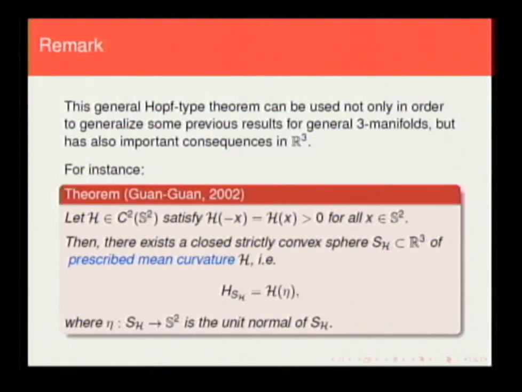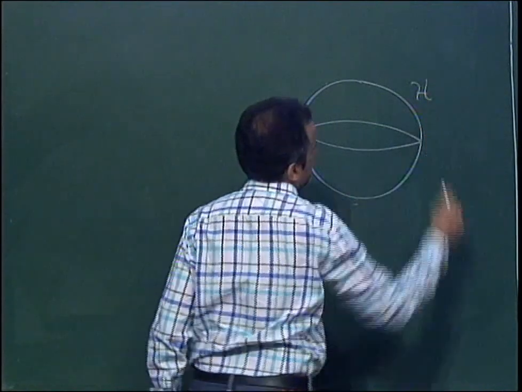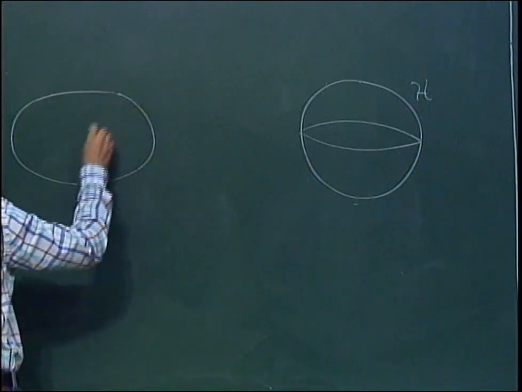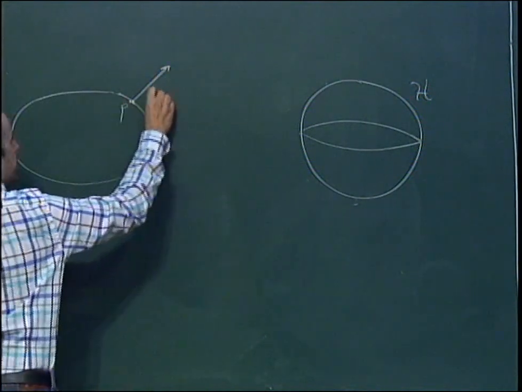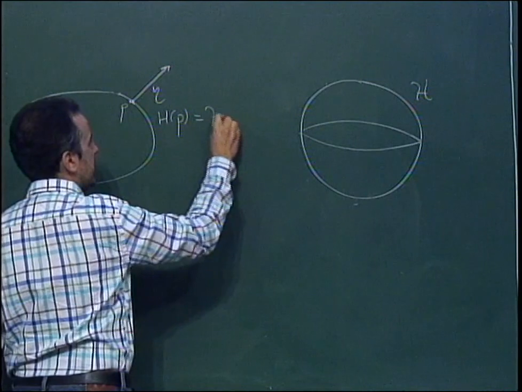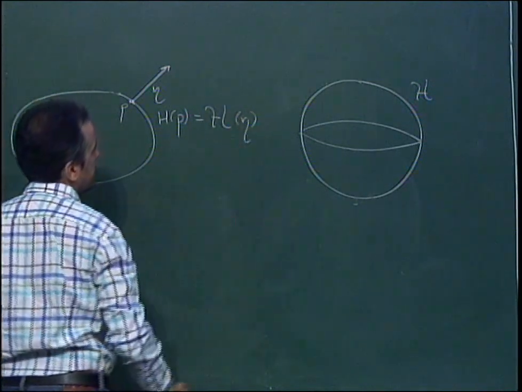For instance, there is a result by Alexandrov and Pogorelov that asserts that if in R3 you consider the unit sphere, and you consider a certain function on the sphere, a positive C2 function satisfying that the value at a point and its antipodal point is the same, then there is only a unique ovaloid satisfying that for every point P with normal eta, its mean curvature at this point is given by the function h at the corresponding normal. Okay?